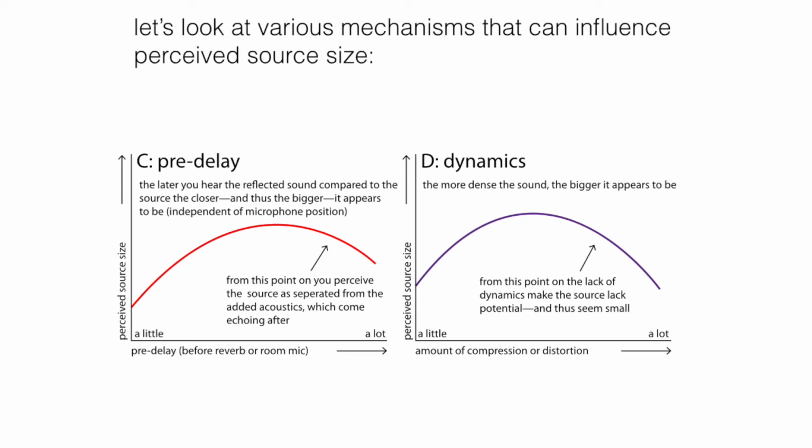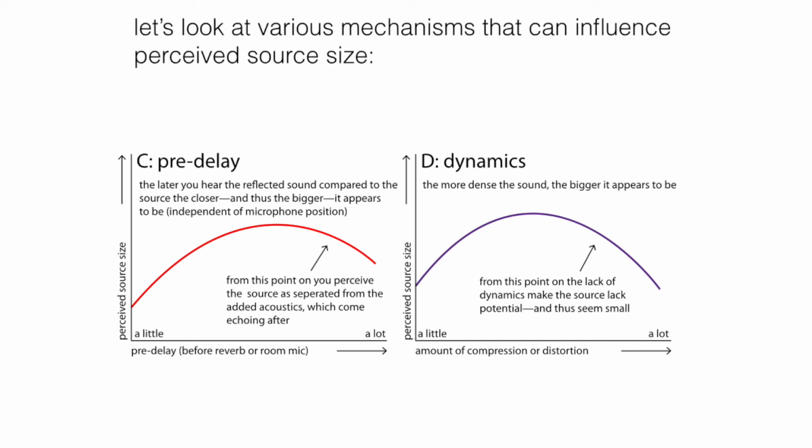If it arrives very soon after the direct sound, it actually colors the direct sound quite a bit, and it gives it a very typical small sound, so you can hear some comb filtering going on, and that actually shrinks the source in size. And then you get to the point where it adds nicely to the source, and it doesn't color it that much, but it just makes it wider and bigger. And then you get to the point which is similar to the church, where it starts to arrive so late that it detaches from the source again.